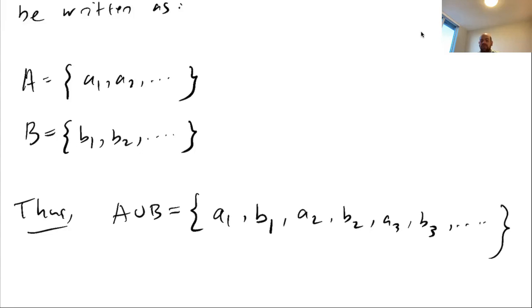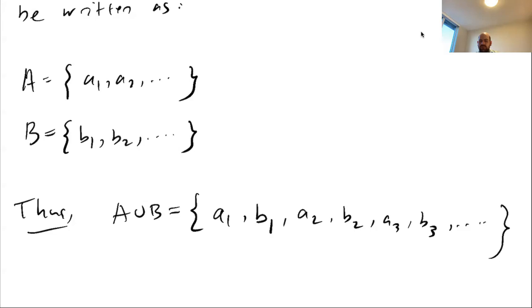See? All the elements of A and all the elements of B are listed. So first element of A union B is A1, second B1, third A2, fourth B2, fifth A3, sixth B3. So I have listed every element of A and B, and therefore every element of A union B.